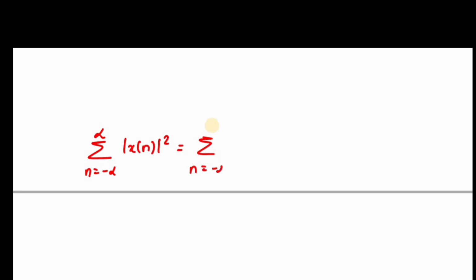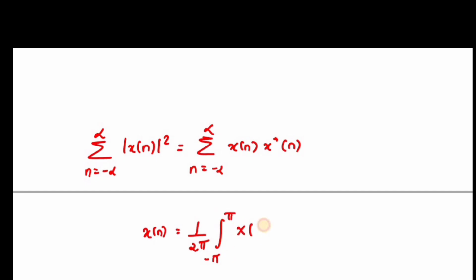I can write this as the summation of x of n into the complex conjugate of x of n. Now, what is x of n? x of n is equal to 1 divided by 2 pi times the integral of X of e power j omega e power j omega n d omega. So this is x of n.